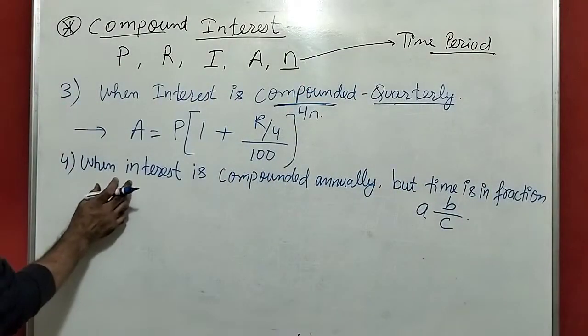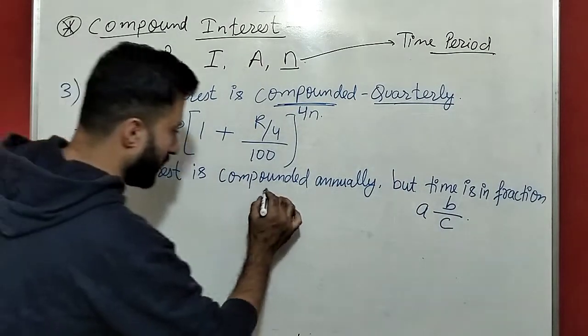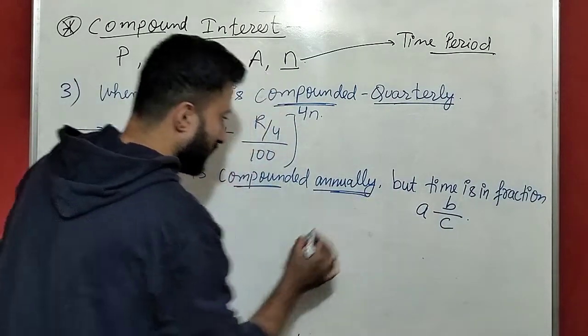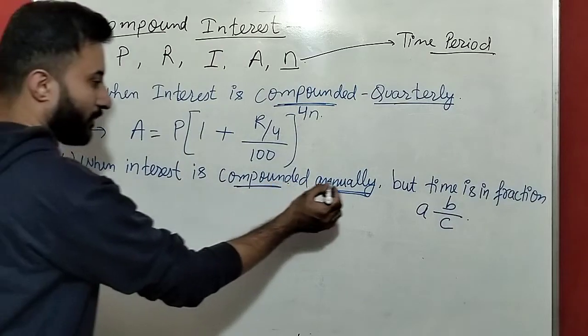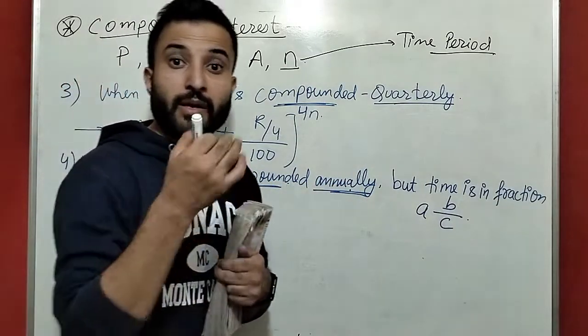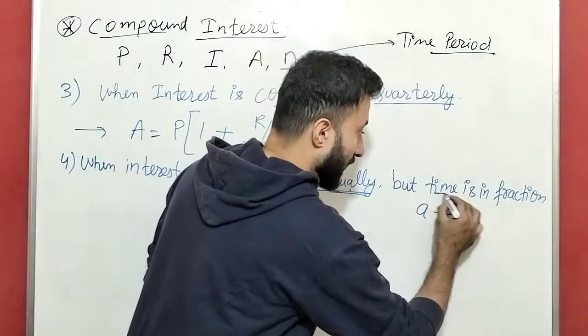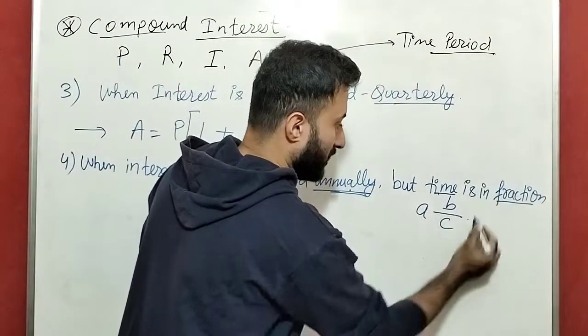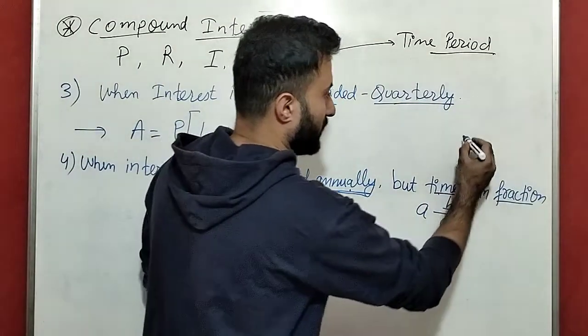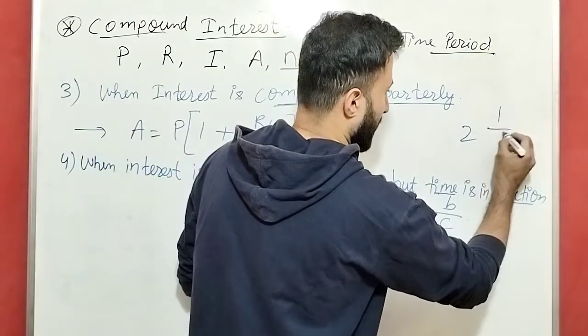What is the condition? The first condition is that it is given compounded annually. The next condition is that time is in fraction. You will get the time like this, suppose 2, 1 by 3.